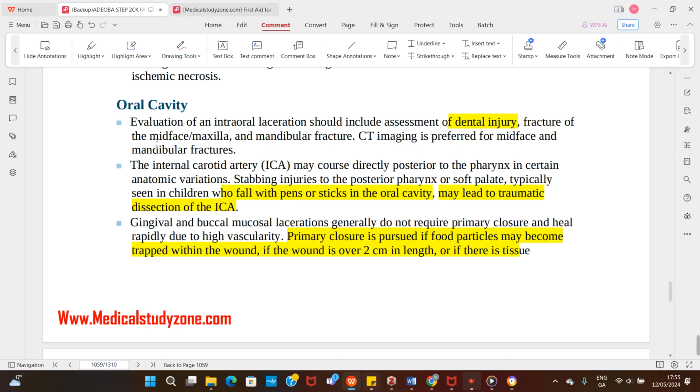So you might need your CT imaging to diagnose the midface, the maxilla, and the mandibular fracture. We are going to talk about the left foot fracture very soon, and your CT is very important to pick up the midface and the mandibular fracture.